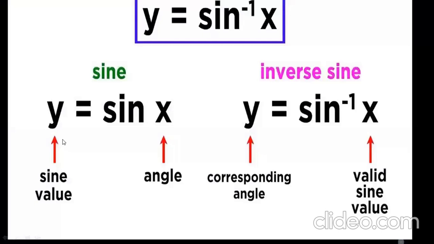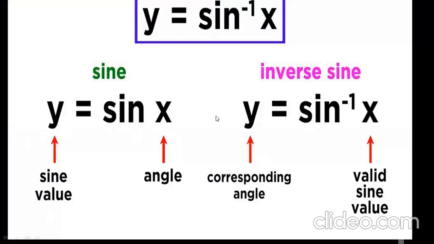So we can easily differentiate y is equal to sine x and y is equal to sine inverse x. If it is written y is equal to sine x, it shows the trigonometric function. It means x shows the angle and y shows the sine value.